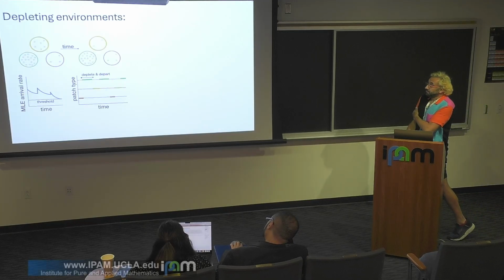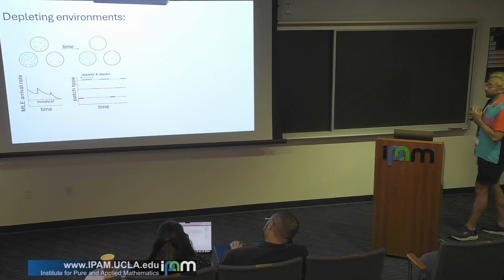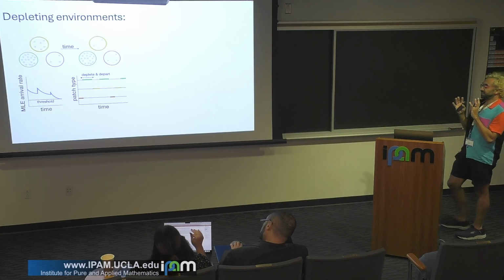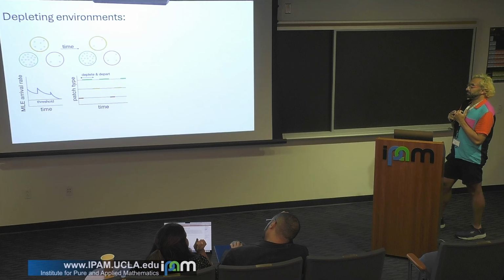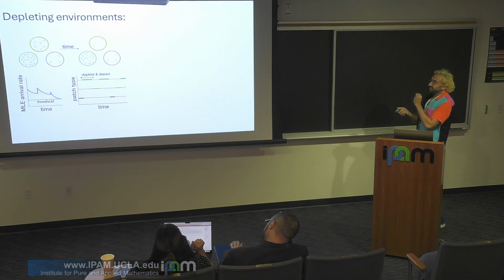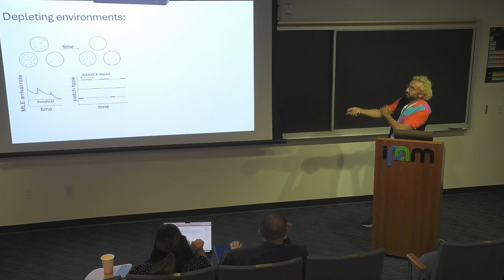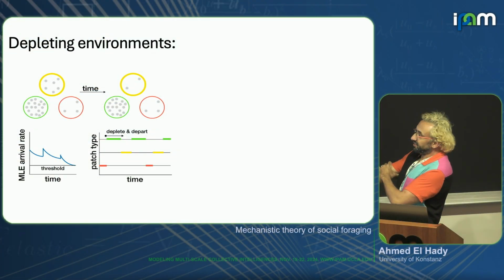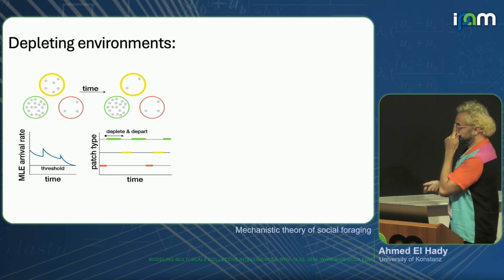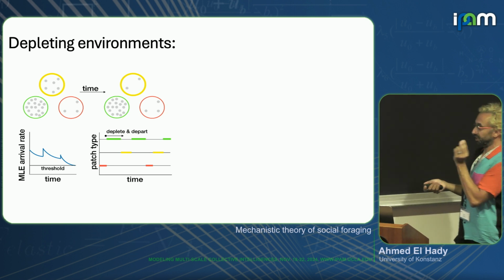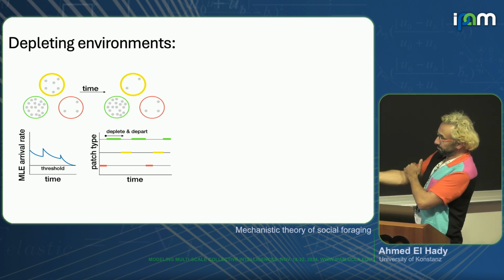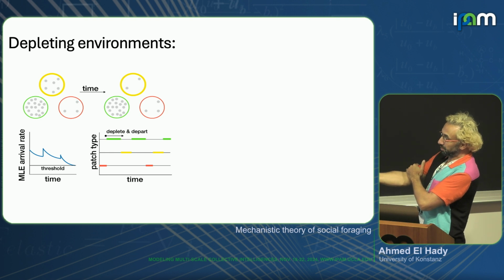I'm going through it a bit faster just because that's single animal strategies. But here we see that we change just one thing about the environment, which is that it is depleting, and then we're able to change the optimal strategies that the animal might be using.